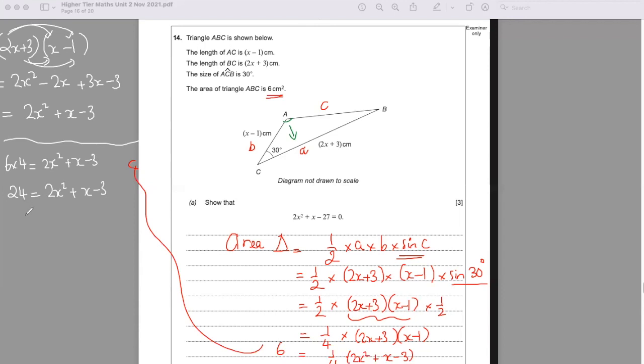To make it a little bit easier, I'm going to write this way. And then now I need a 0, like they've done there, on the right-hand side. So I'm just going to move the 24, take away 24 on both sides, and that becomes 0. So 2x squared plus x minus 27 equals 0. And I've just shown that.